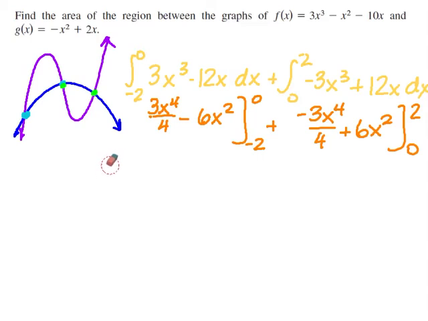You get 0 minus, should be positive 12, minus 24. So your answer should be 12.